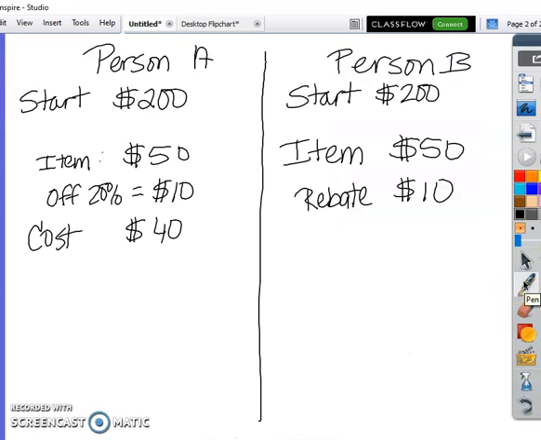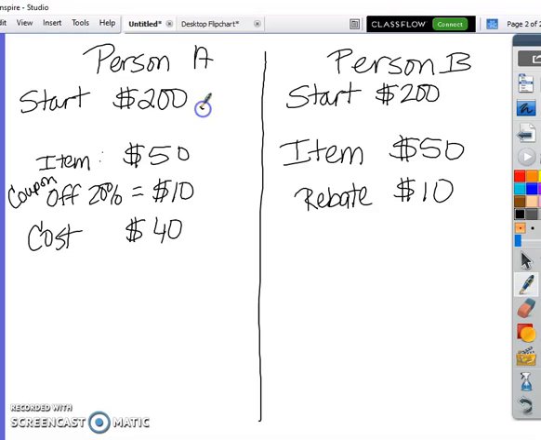Okay, I wanted to quickly just show you how this is different between a coupon and a rebate. So you can just kind of see how it works. So you can see why it seems like we're adding back, but it is not necessarily like that. So person A, we're going to say they start with $200, right?